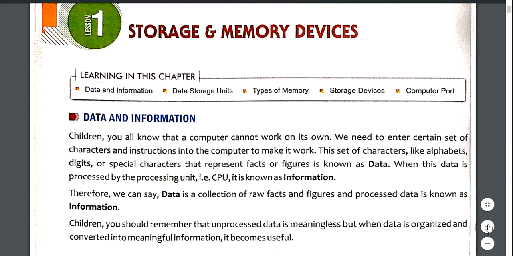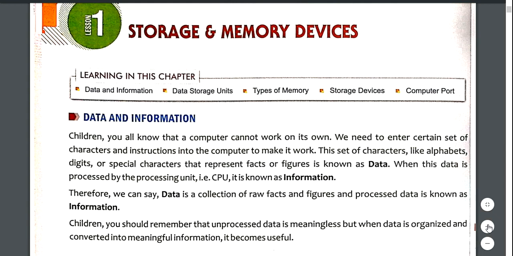So I want to just tell you what is data. Data can be any number, any special character, any alphabet. Data means whatever information the user is giving to the computer, unprocessed data or raw data, it is called data.